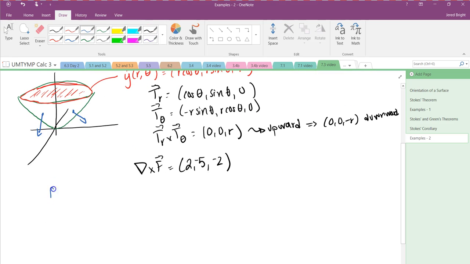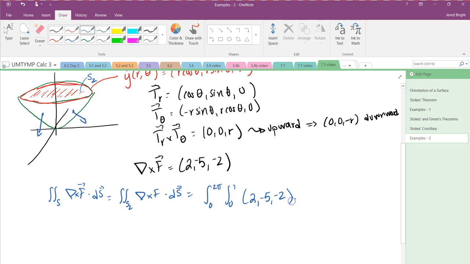Let's call this surface S2. The double integral over S2 of gradient cross F dotted with dS is the same as the double integral over S of the original field, dotted with dS. So this is now 0 to 2 pi, 0 to 1, of the vector 2, negative 5, negative 2, dotted with 0, 0, minus r, dr d theta. And long story short, we end up getting 2 pi.